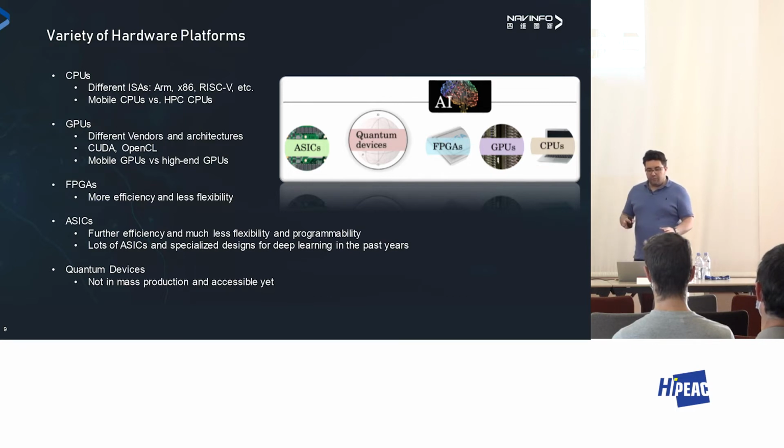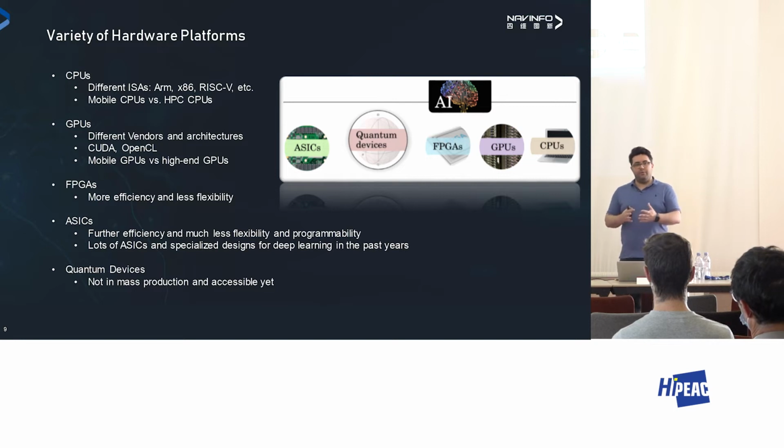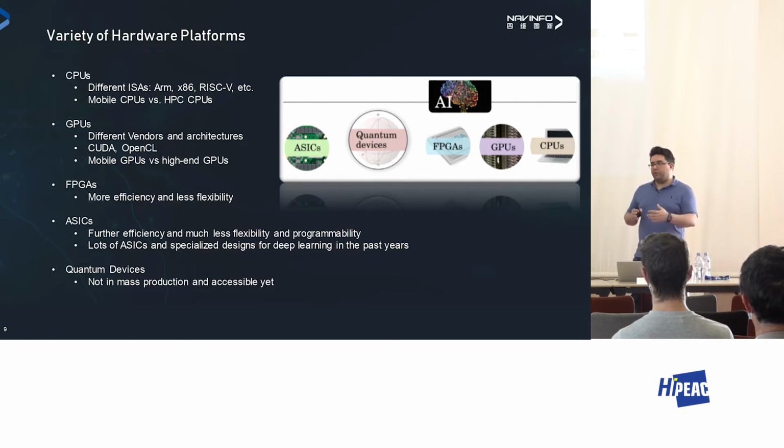We have FPGAs, of course, which are less common compared to the GPUs, but relatively more efficient. But we also have the problem of not being that flexible compared to the other two, the CPUs or the GPUs, though they are relatively much more efficient. And if we are looking for even more efficiency, we have ASICs, which can now simply be found in any chip we have.